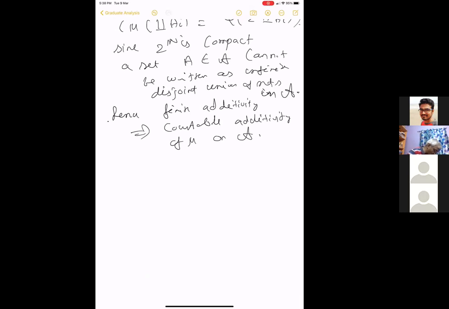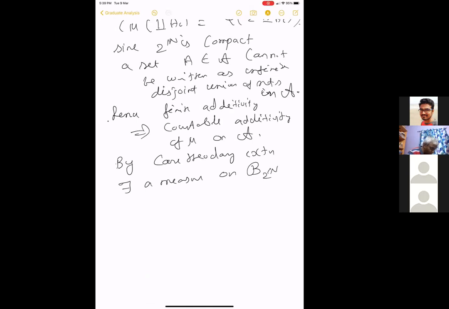There exists a Carathéodory extension, which we still denote as mu. There exists a measure on the Borel sigma algebra of 2 power N. So we have got a measure, the Carathéodory measure.